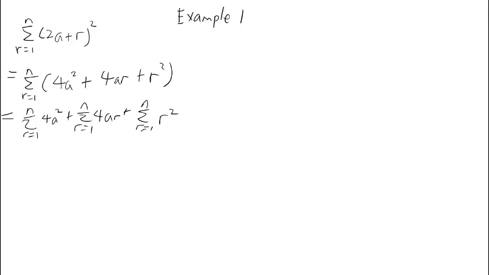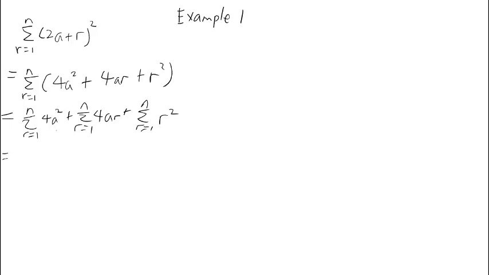For the first one, you can see that the letters are different. This is r and this is a. So what does this tell us? It tells us that this 4a square is a constant. I'm summing out a constant. To sum out a constant, you simply take the number of terms, which is n minus 1 plus 1.